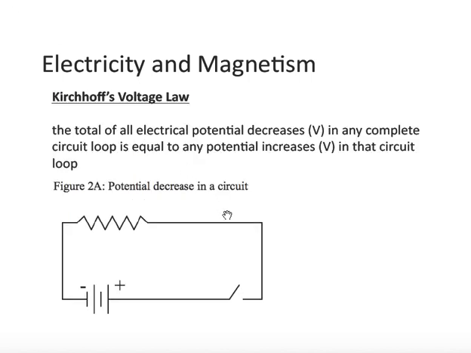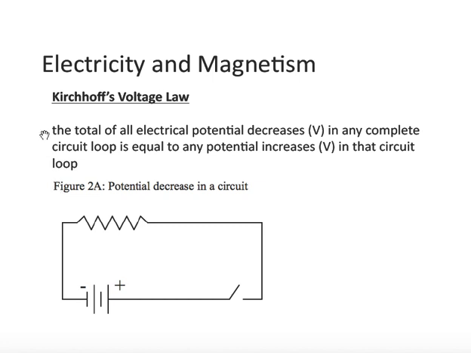Now Kirchhoff also came up with a law related to voltage, or potential difference. The total of all electrical potential differences in any complete circuit loop is equal to any potential increases in that circuit loop. So what does that mean?